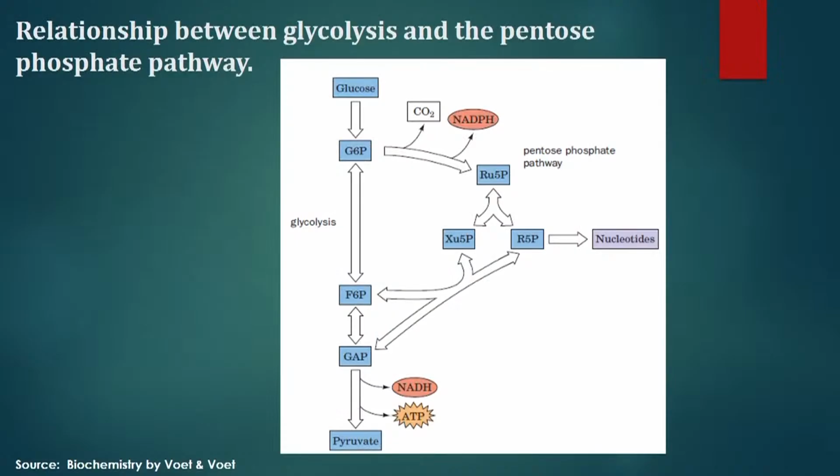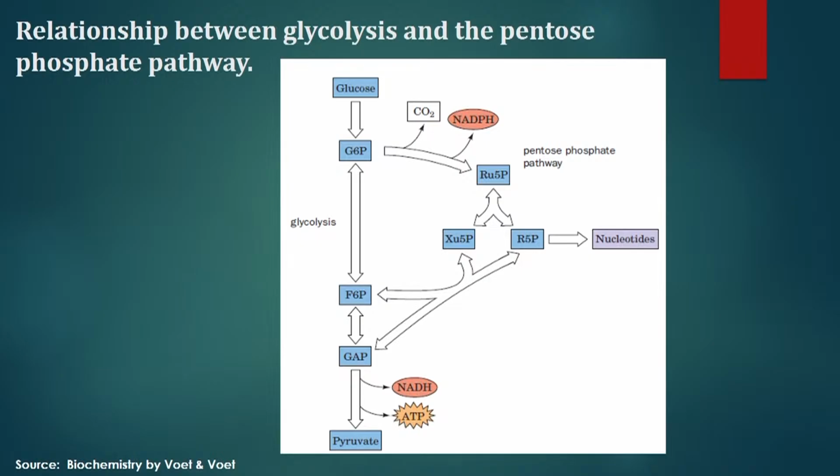Now let us see how glycolysis and the pentose phosphate pathway are interconnected. If you see the figure, at the top portion glucose is converted into glucose 6-phosphate and it enters into glycolysis.